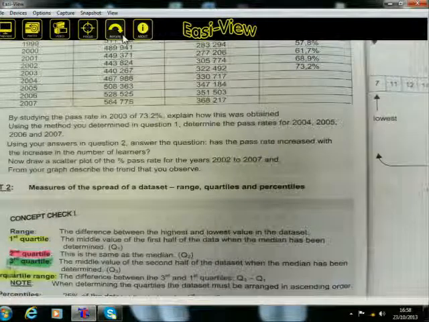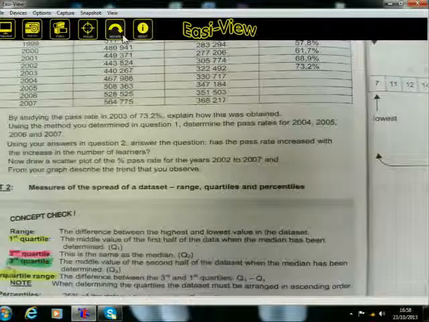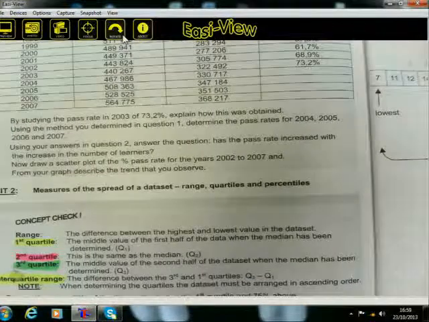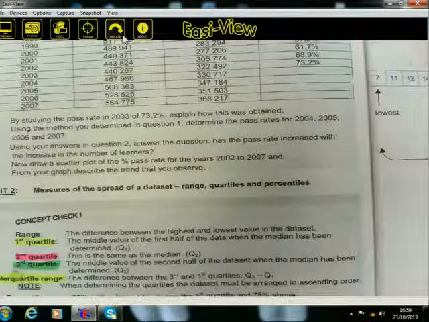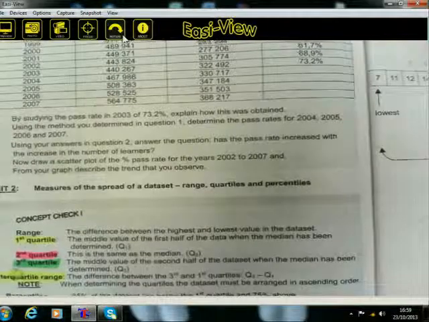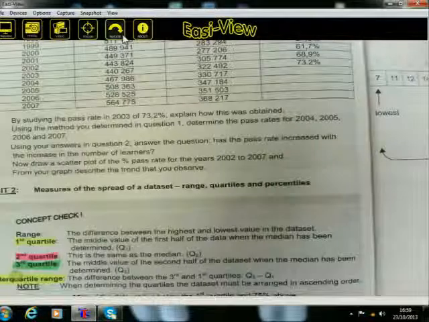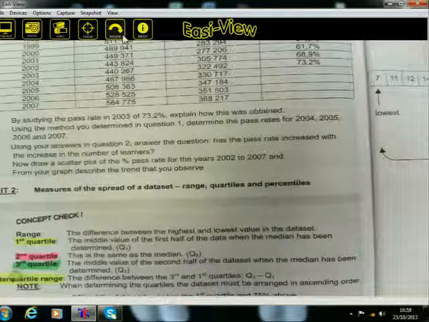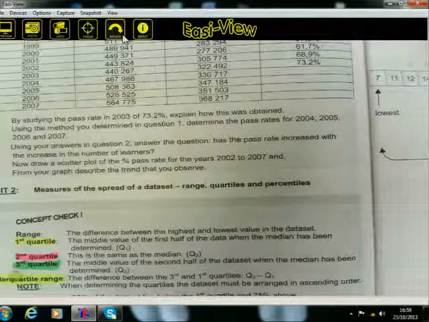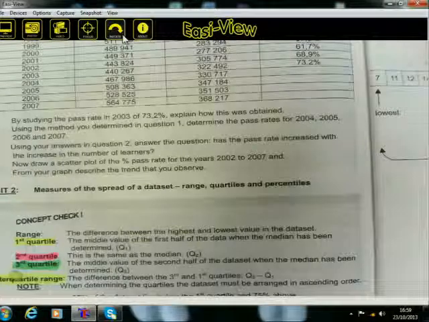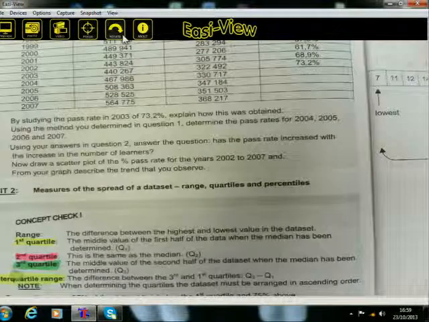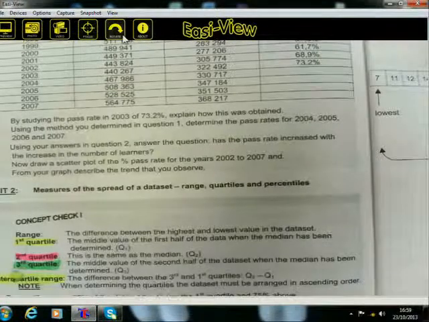Now we talk about the interquartile range. The interquartile range is the difference between the third and the first quartile. One asks himself, what is the difference between Q3 and Q1? Quartile 3 minus quartile 1.